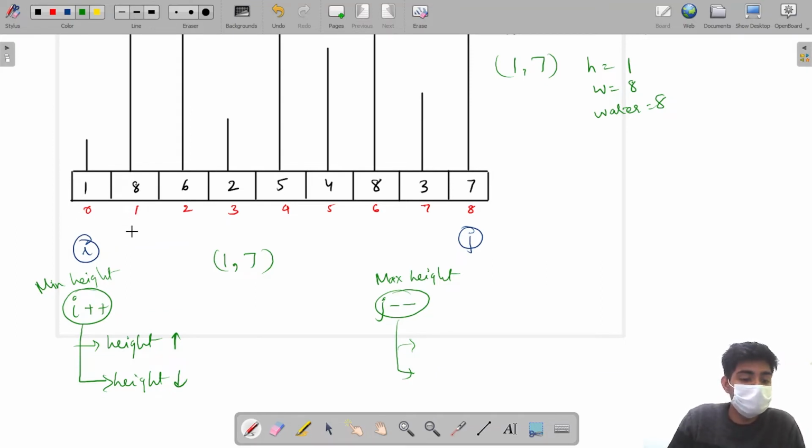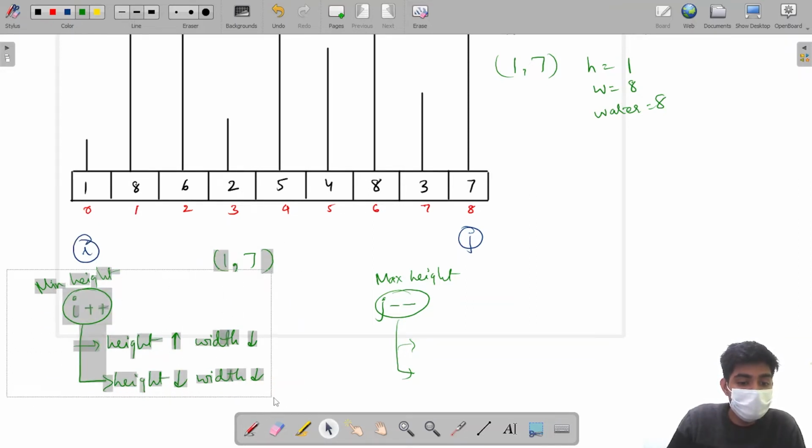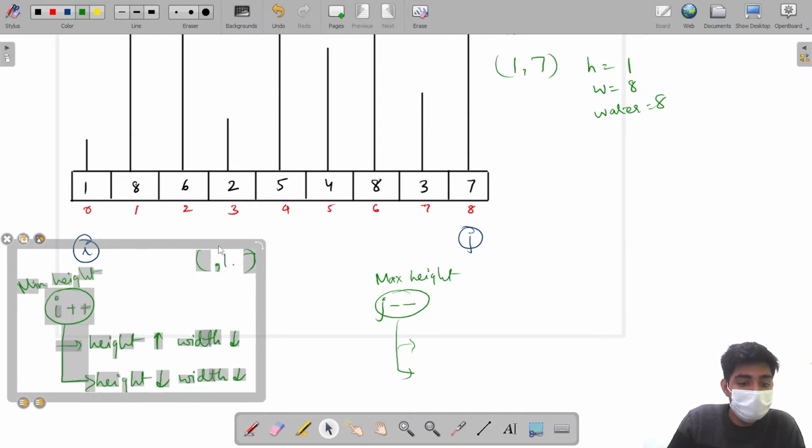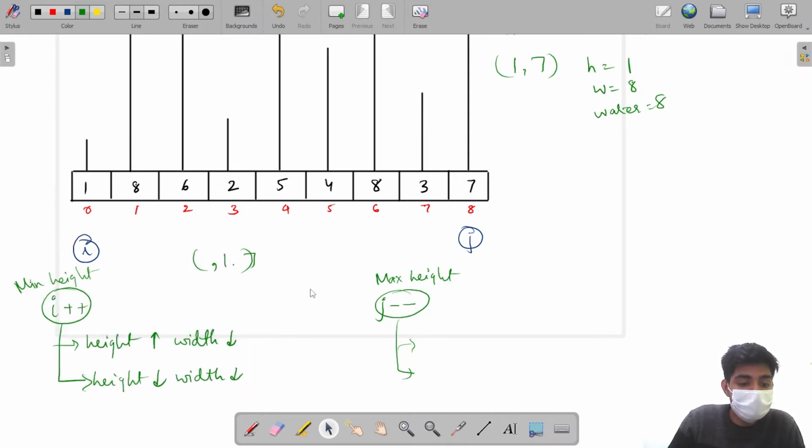If my height increases, my width is going to decrease regardless. Why? Because my width is the range between the two numbers, and if I decrease my range, then my width is definitely going to decrease.